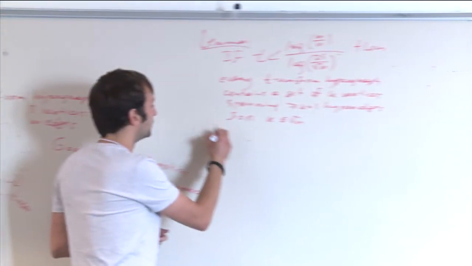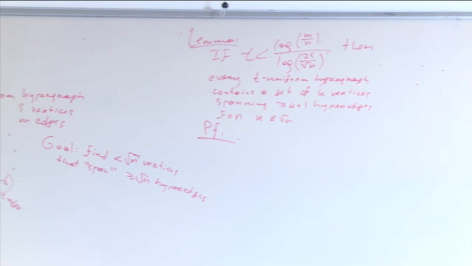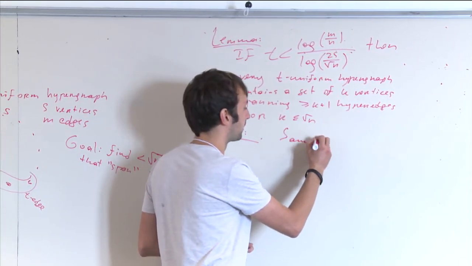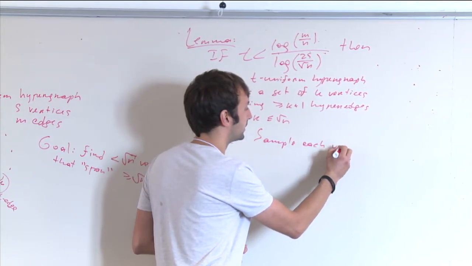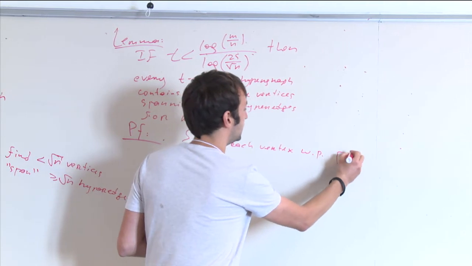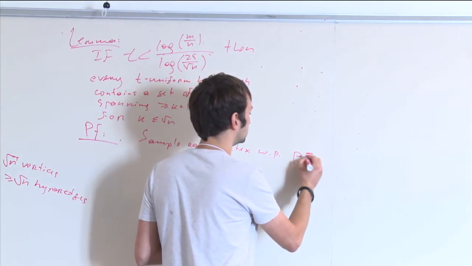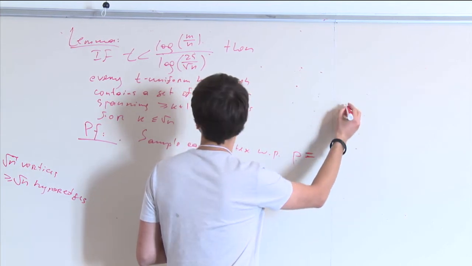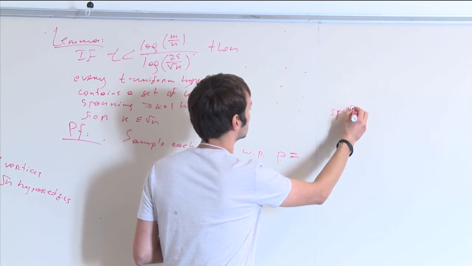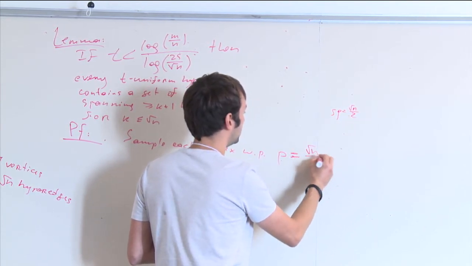Okay, and how do we prove this? We can, for example, randomly sample vertices of the graph. So we sample each vertex of our graph with probability p, and p is going to be square root of n over 2s.